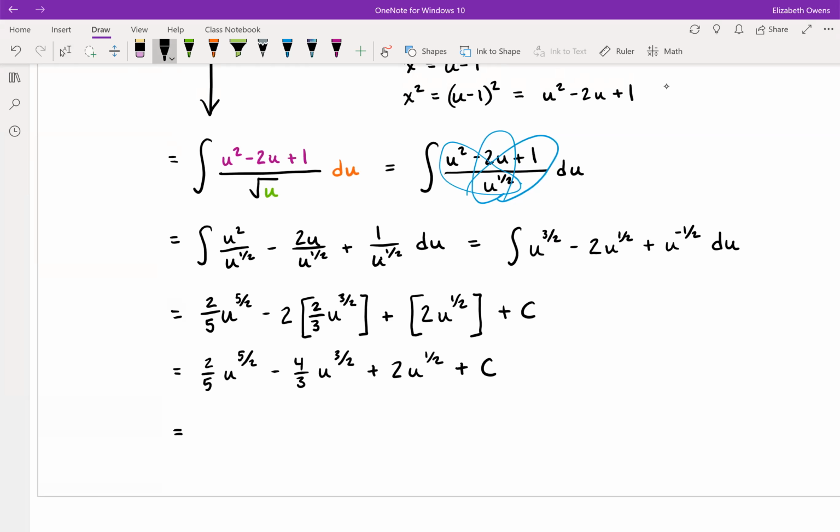We're going to have 2/5 (1 plus x) to the 5/2 minus 4/3 (1 plus x) to the 3/2 plus 2 (1 plus x) to the 1/2 plus c, or any equivalent form of this.